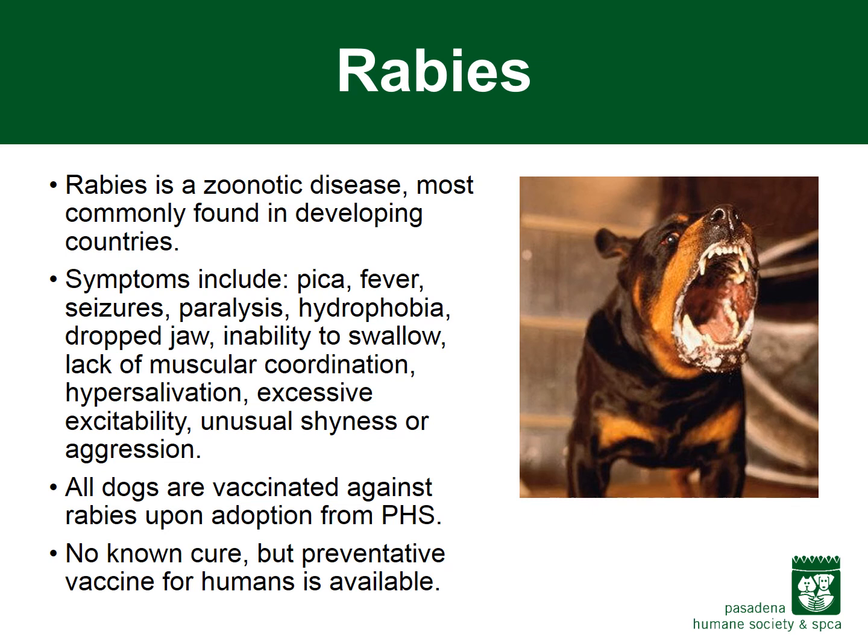All dogs are vaccinated against rabies when they're adopted from PHS. There is no known cure, but preventative vaccine for humans is available. If you get bit, it's very important to report it right away and just let somebody know and then go seek treatment.